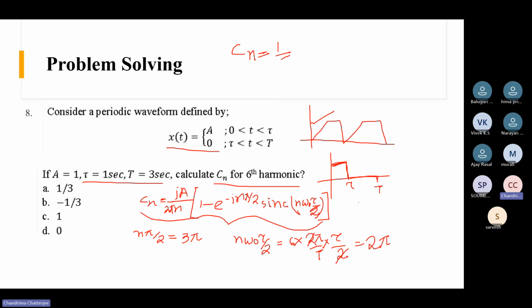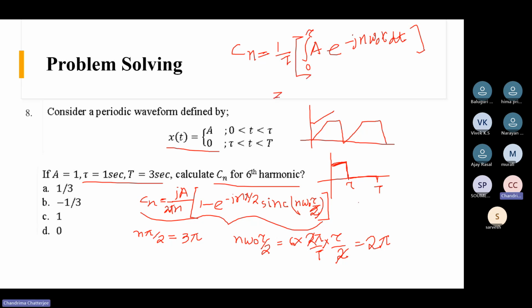So if you just perform this integration from 0 to tau, this is A e to the power minus j n omega naught t. Okay. And the rest of the part it is 0, so we don't have to consider it.